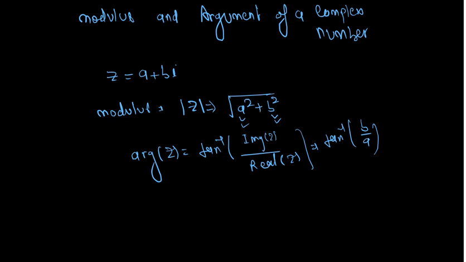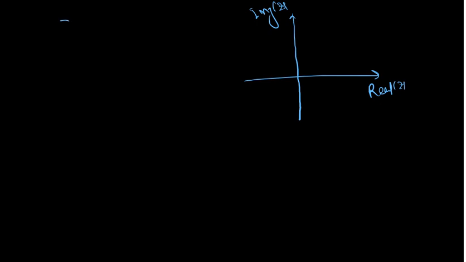Now what is the meaning of this argument and modulus? See, actually we have a complex plane like this. This is our real axis and this is our imaginary axis. Real part of z and imaginary part of z. You have a complex number z, that is a plus bi.